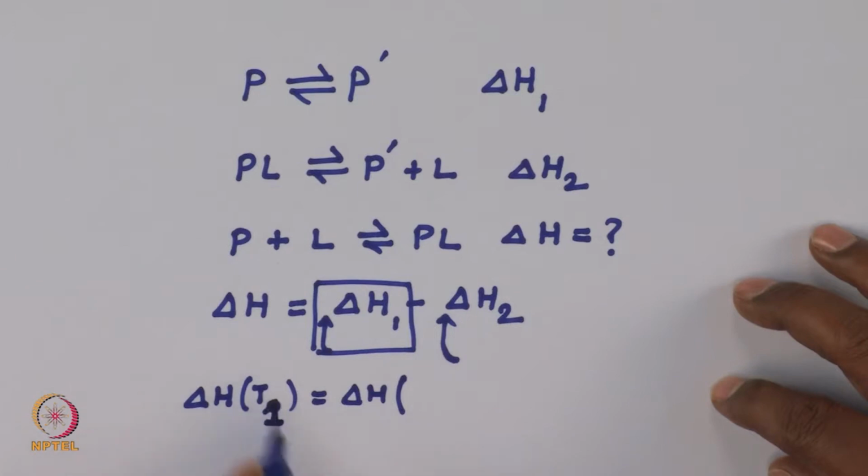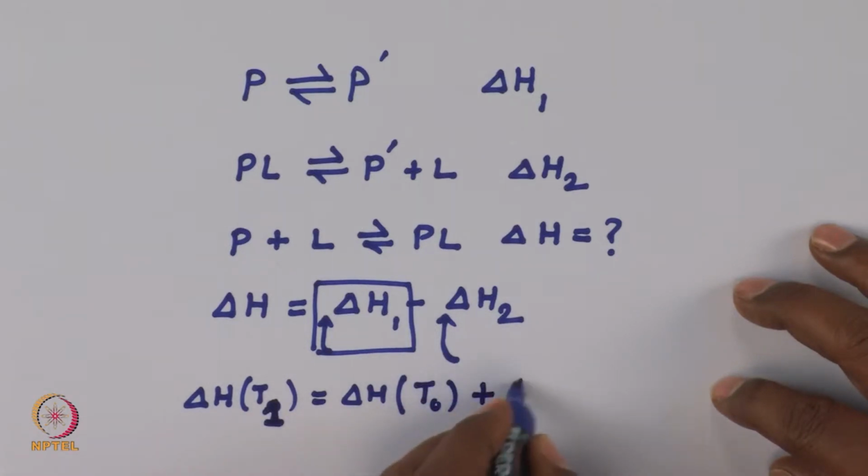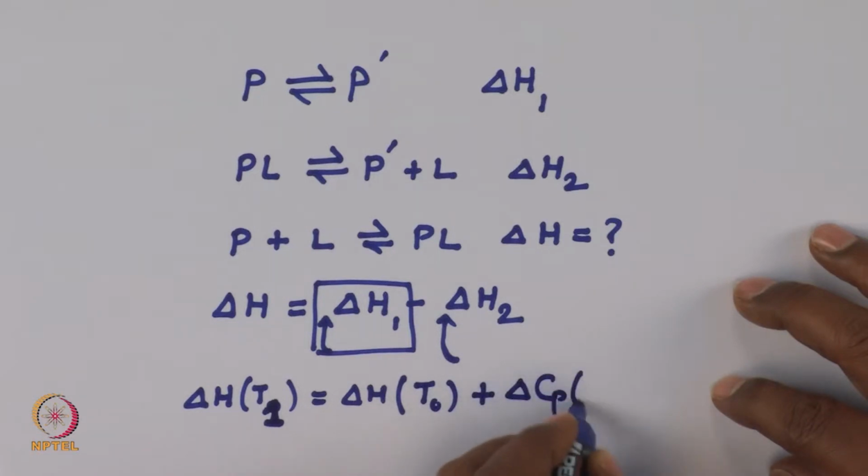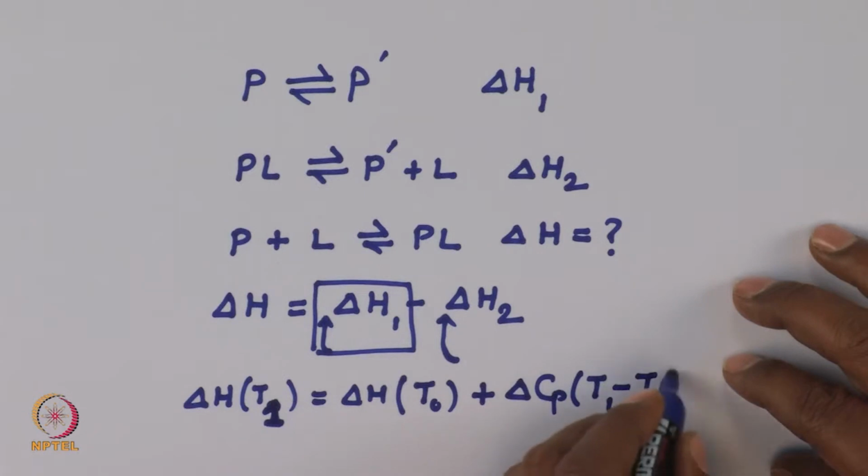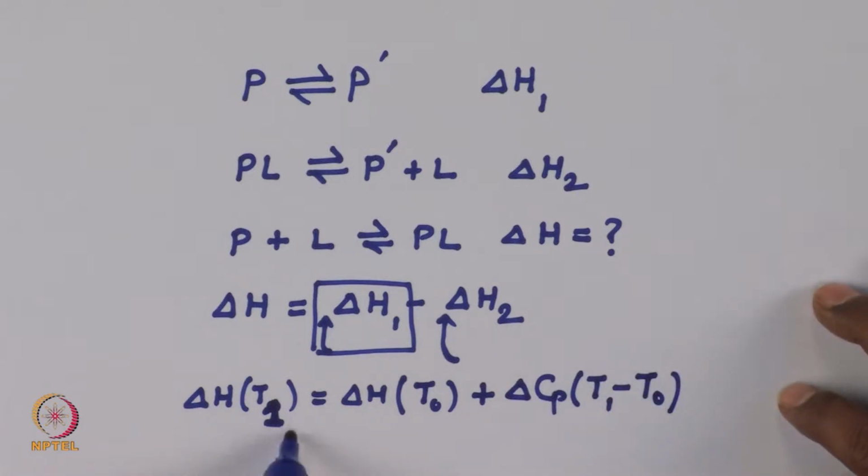If I put T1, this will be delta H at T0 plus delta Cp into T1 minus T0. So, at any temperature we can connect the enthalpy with the reference temperature and delta Cp.